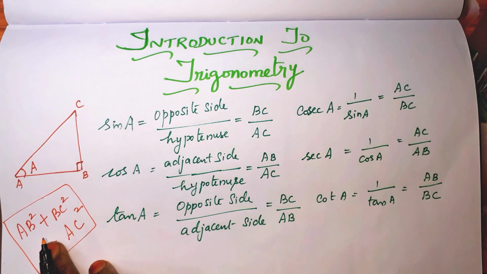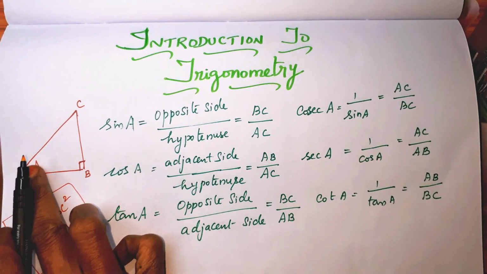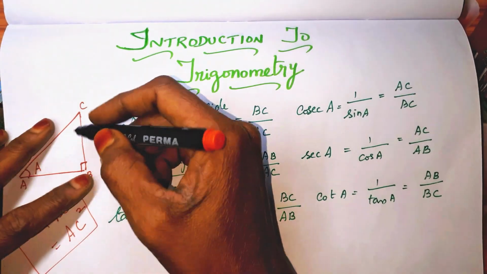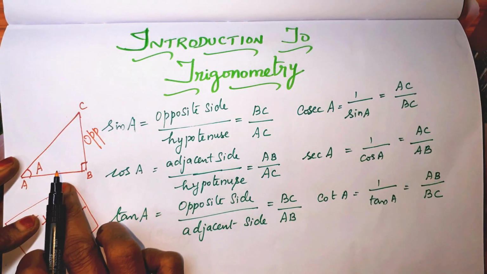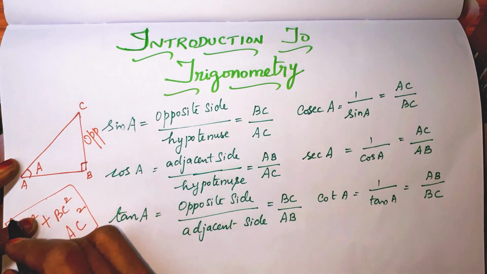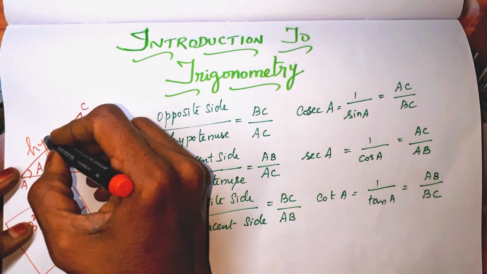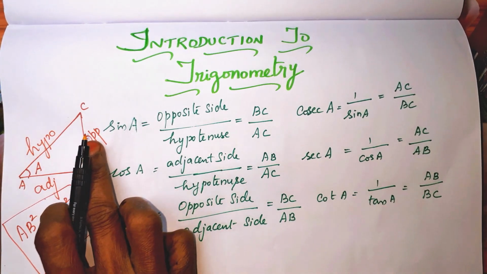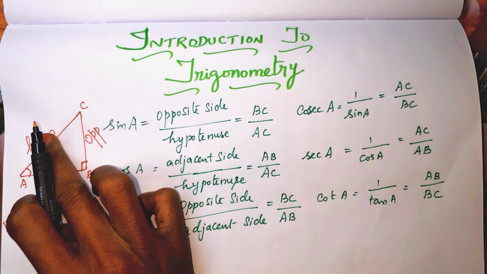This is the hypotenuse, this is our angle, the side opposite to that is BC, that is the opposite side, and the side adjacent to A is the adjacent side, and this is the hypotenuse.